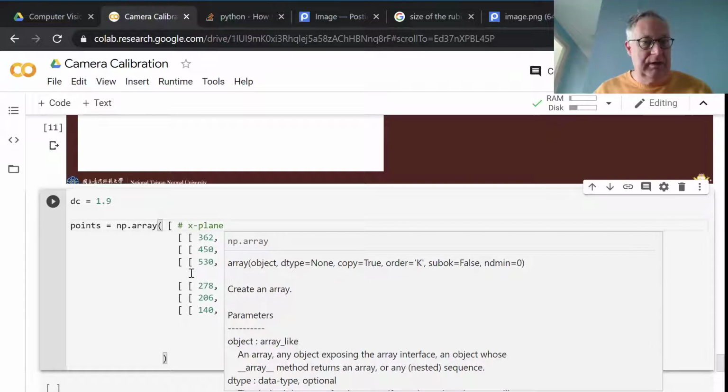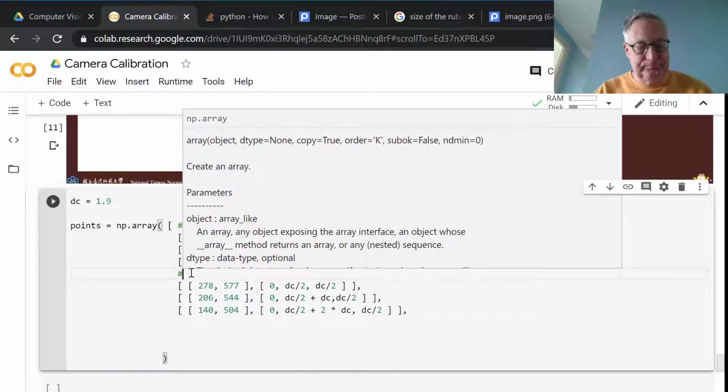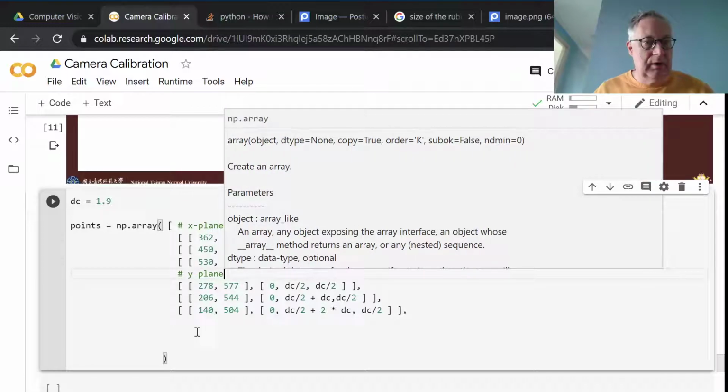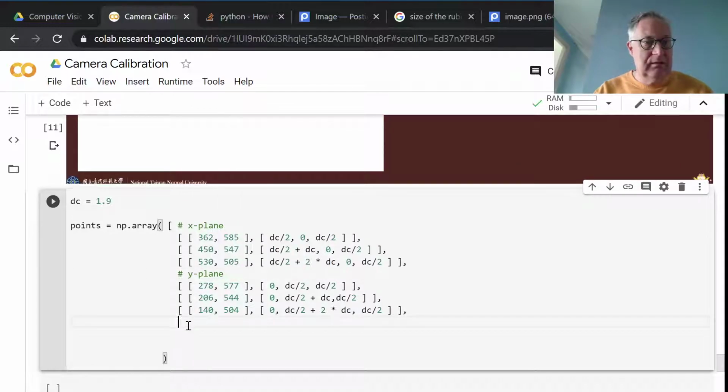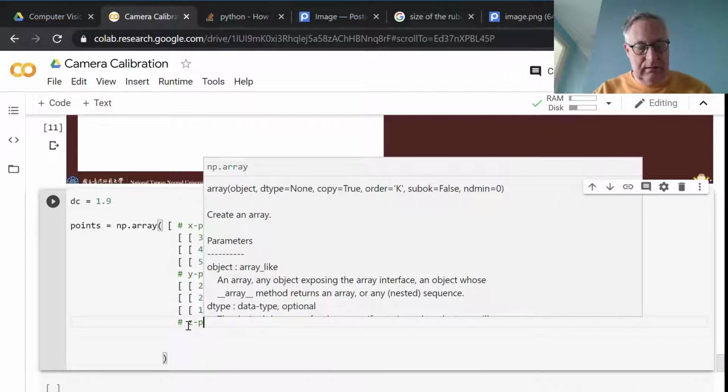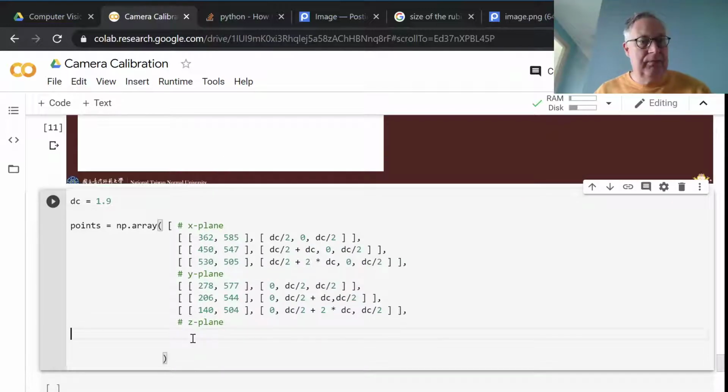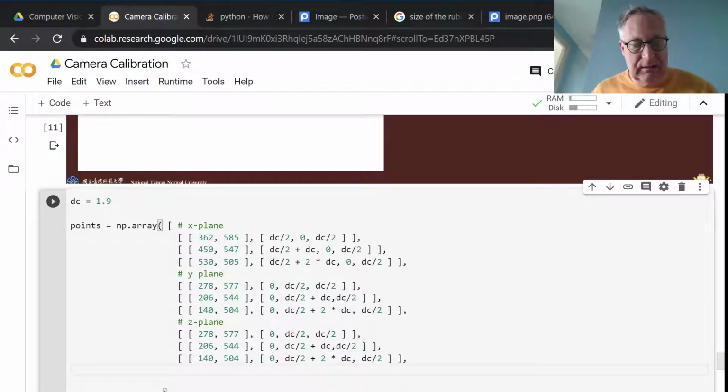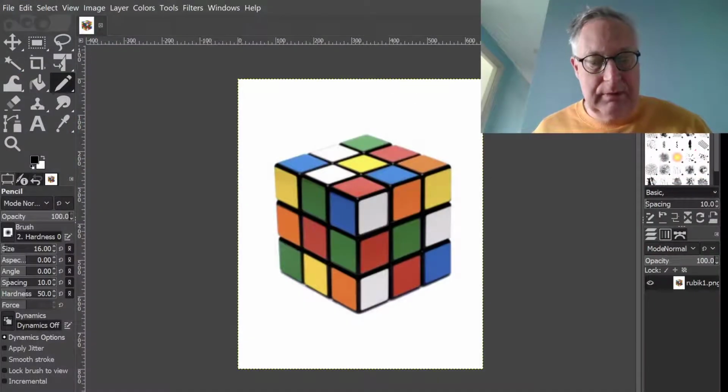So here's the x-plane, y-plane, and z-plane. So let me get those coordinates. Switch to the GIMP. So here, let's go with this one. I already had that coordinate.